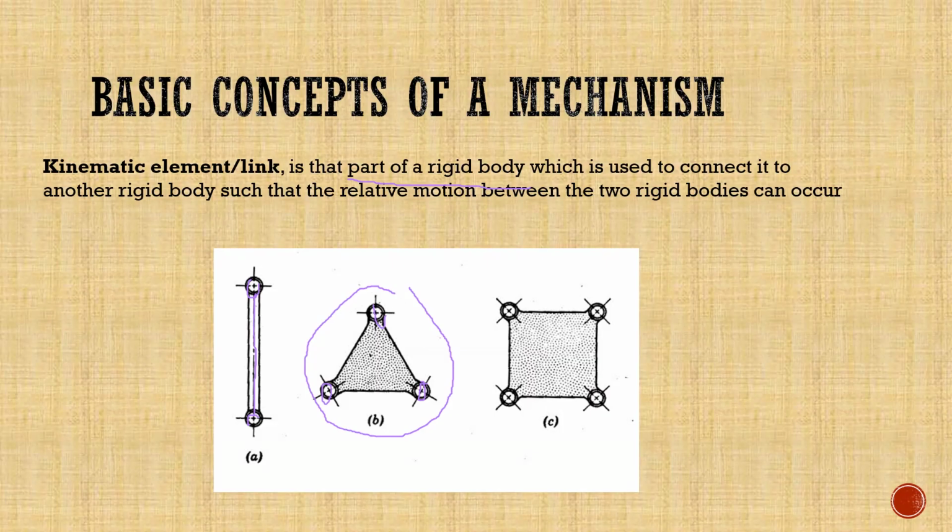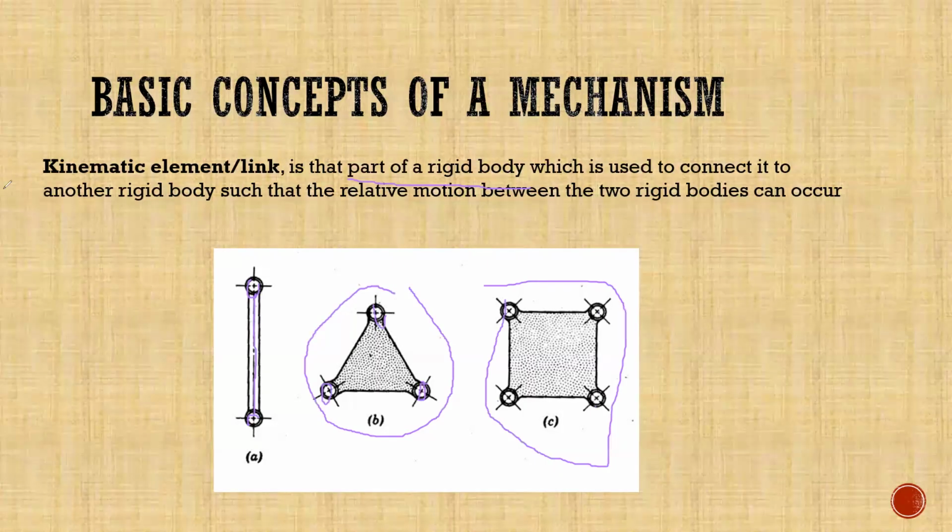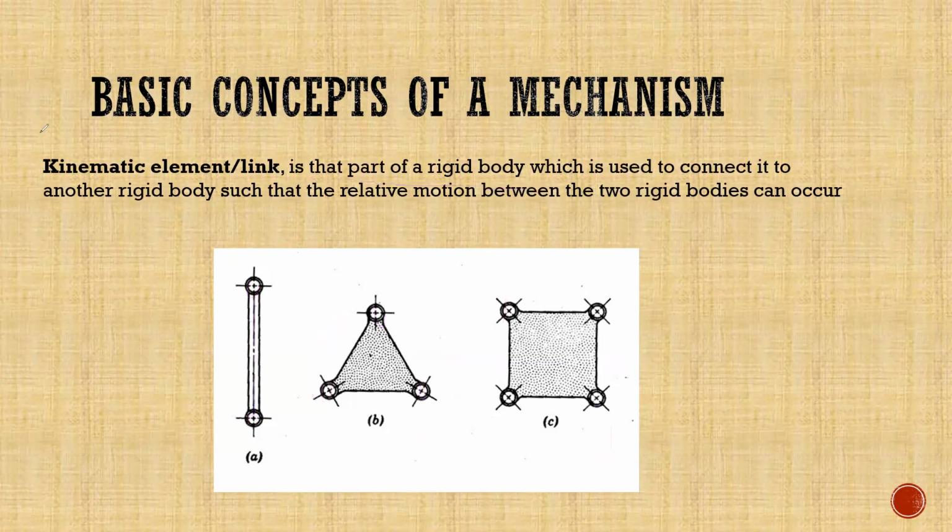We're going to find the names for each of them: those that have two, those that have three, and this which has four. This is one link, but it has four joints, okay? So we are going to look at all that and define them and get to know them.